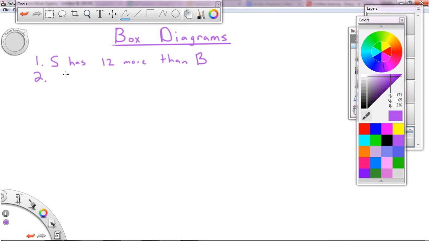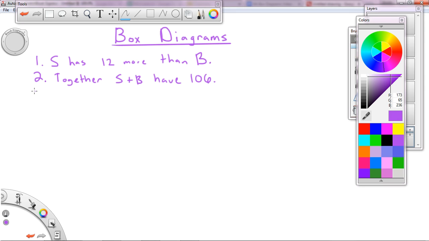Our second important piece was that together, Squints and Benny have 106 baseballs. Notice how I'm not writing out baseballs. You wouldn't turn a sentence like this into shorthand in an English class, but because we want to do this quickly, I'm using shorthand.